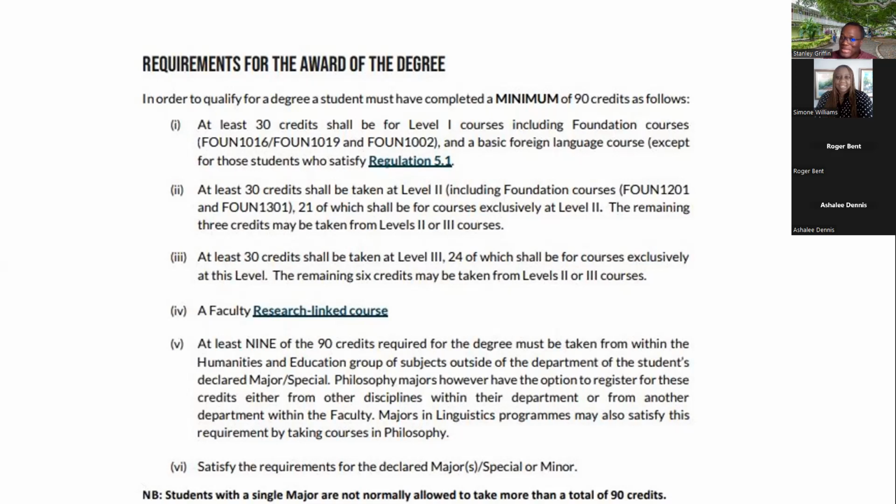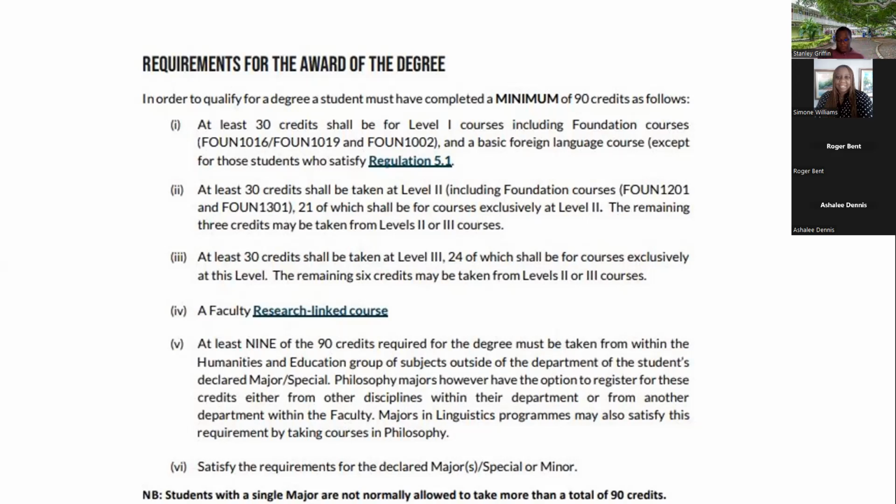And so you need the handbook to guide you. You need to know your program because it will detail how many of those 30 credits should come from the department, how many credits should come from other departments in the faculty or other programs in the faculty, and how many credits you can get from courses taken outside of the faculty.